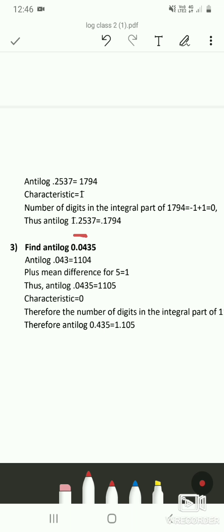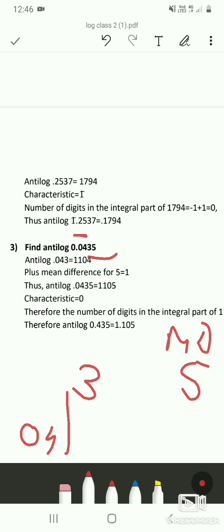Always remember this point: to find an antilogarithm, you should always consider the zeros after the decimal point, unlike in the mantissa where we ignore the zeros. So the antilog of 04 under 3 would be 1104, and with the mean difference 5, which is 1, when you add you get 1105.